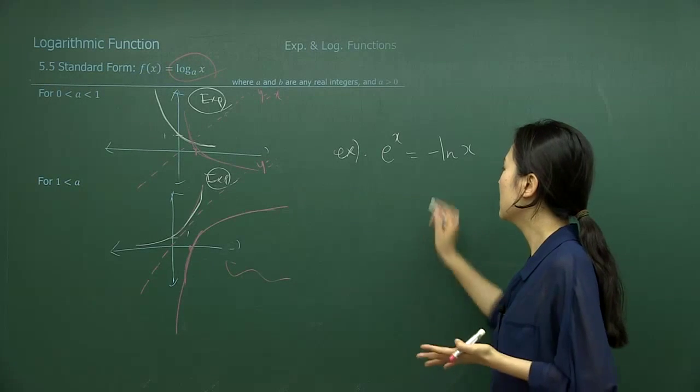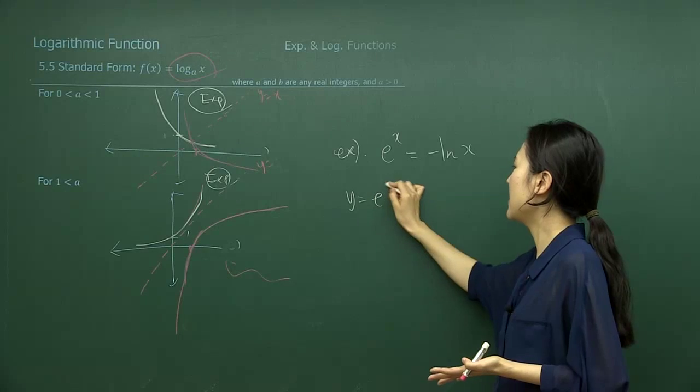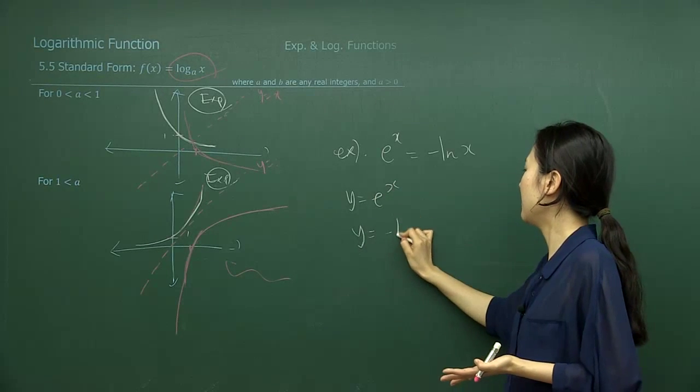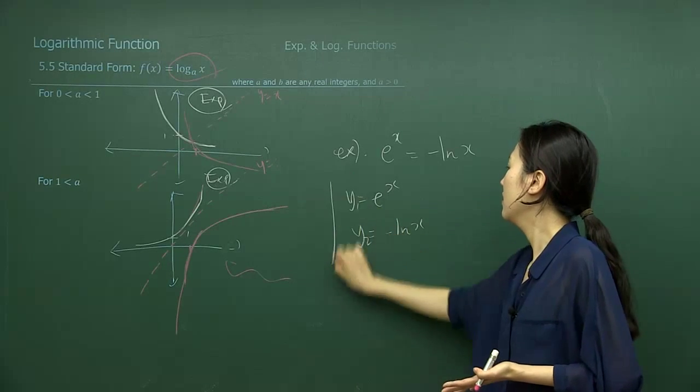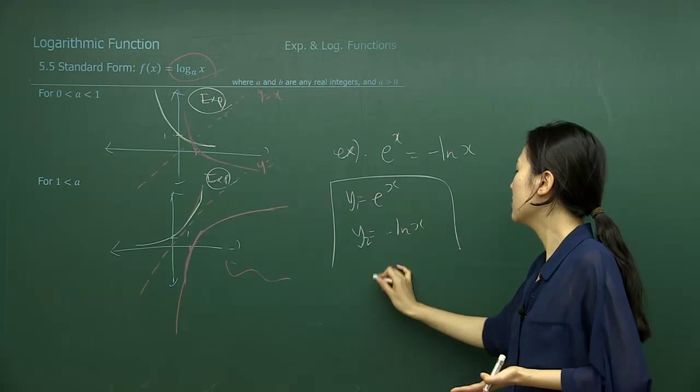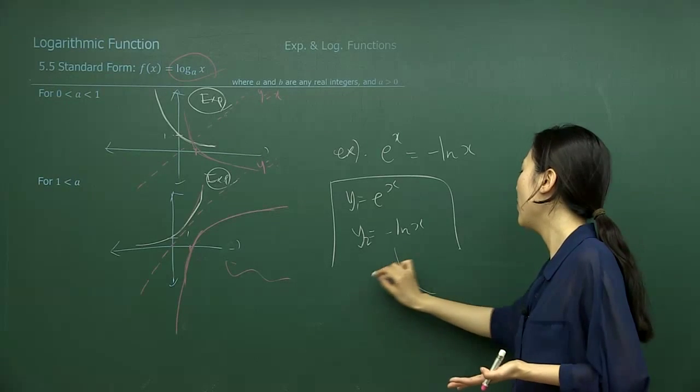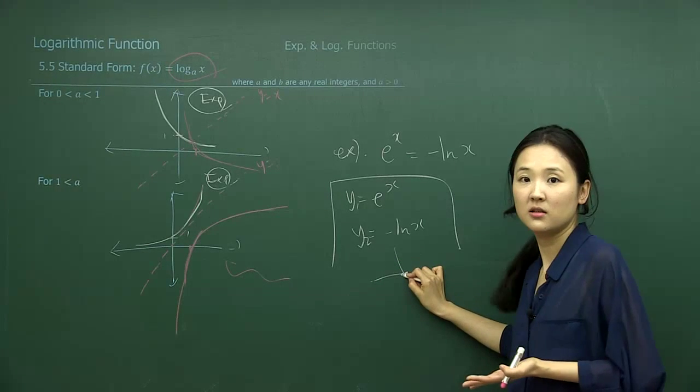All you have to do is graph e to the x and graph negative ln of x from your calculator, and just find out where they intersect.